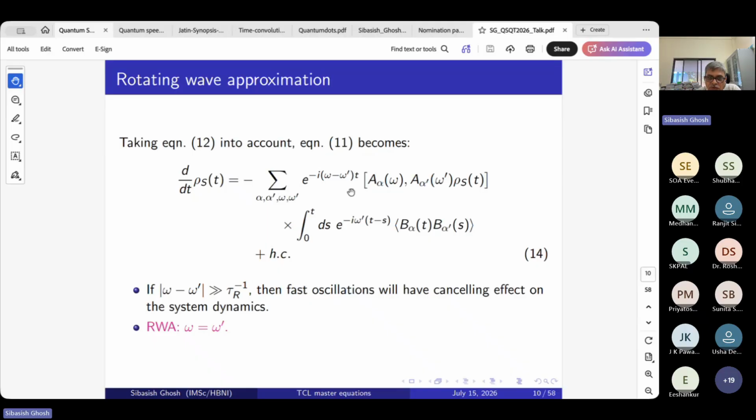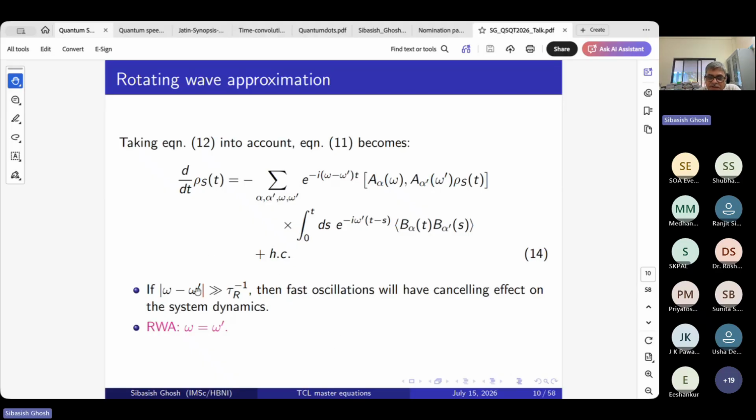If omega minus omega prime is much greater than the inverse of the relaxation time, then you will have fast oscillation because of e to the power minus i (omega minus omega prime) t, and therefore those oscillations will, as a whole, get cancelled, except for the case where omega is equal to omega prime.